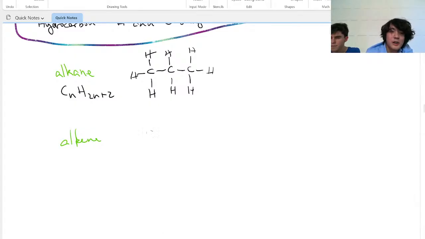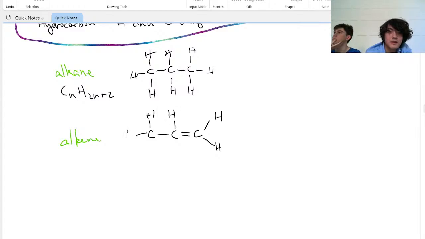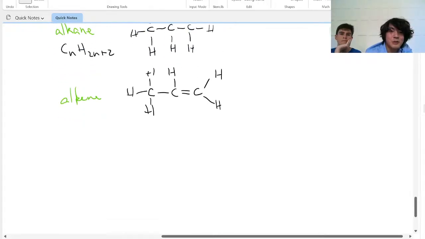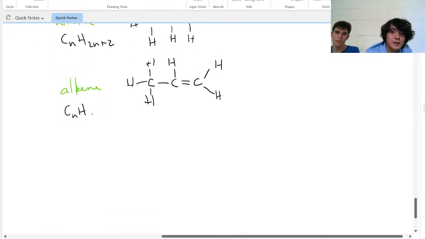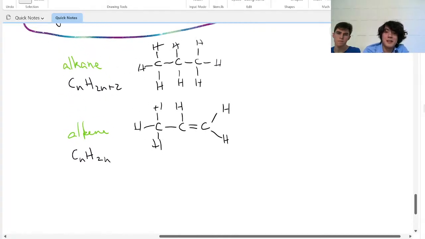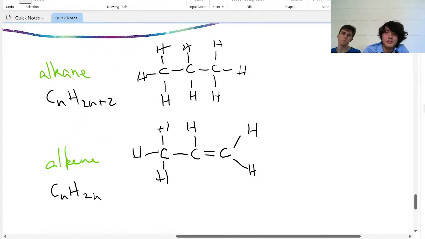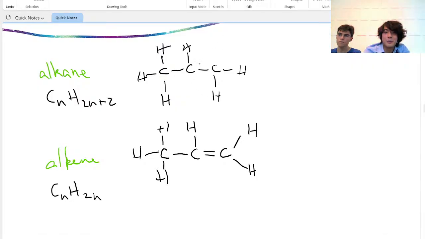Alkene has one or more carbon-carbon double bonds. So you would draw it like this, with one double bond. And the general formula is CnH2n, because you're just removing 2 of the hydrogens from 2 neighboring carbons and adding a bond between them.